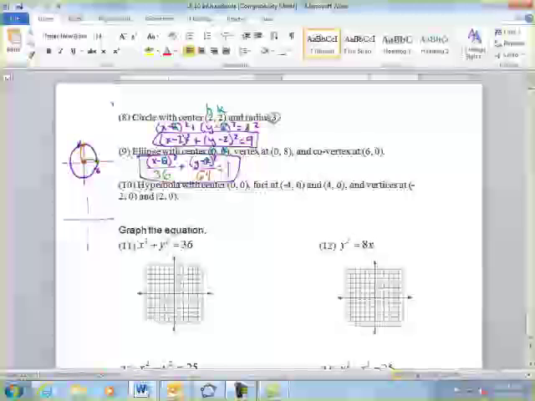The last one's a hyperbola, centered at 0, 0, foci out 4, and vertices out 2. It should open up around those foci. So that means this is a horizontal facing one. So in the chart for a horizontal facing hyperbola, x comes first.